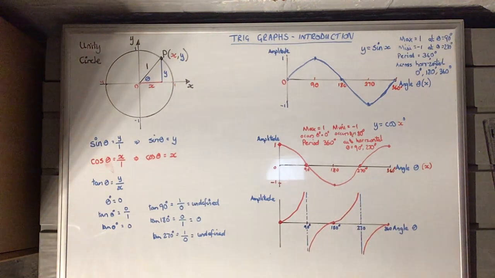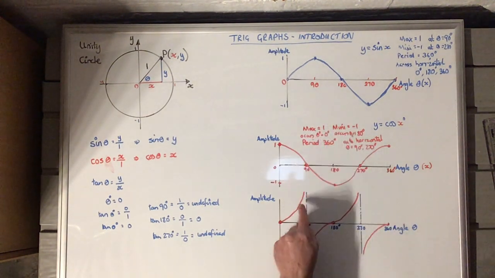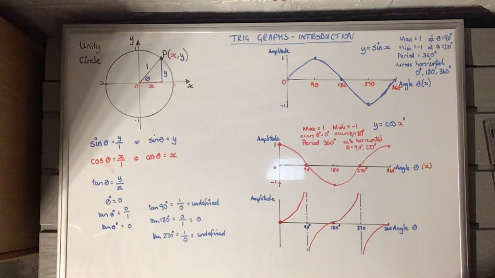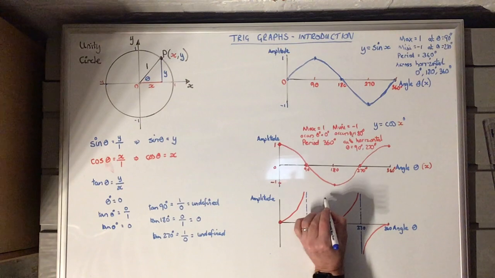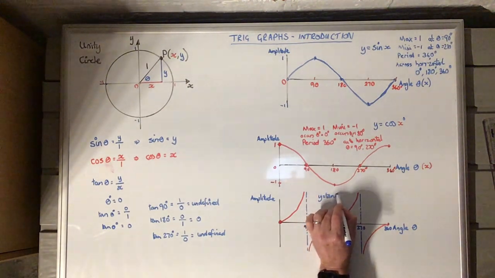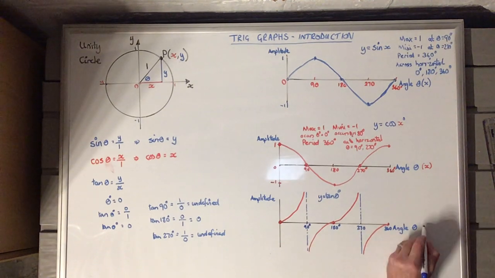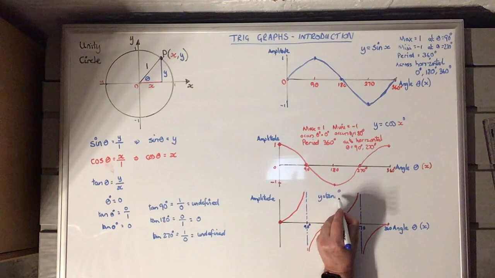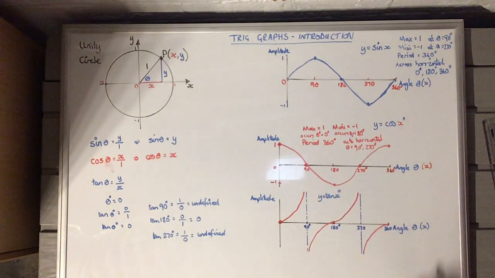But you maybe notice here, there's going to be a slight difference. We can't work out the maximum value because it goes away to infinity, so there isn't a maximum value for tan. So I'll just define that. This is the y equals tan theta. But again, I'll just put in brackets x, because in most textbooks and most worksheets it will say tan x, but it's actually the angle, remember?